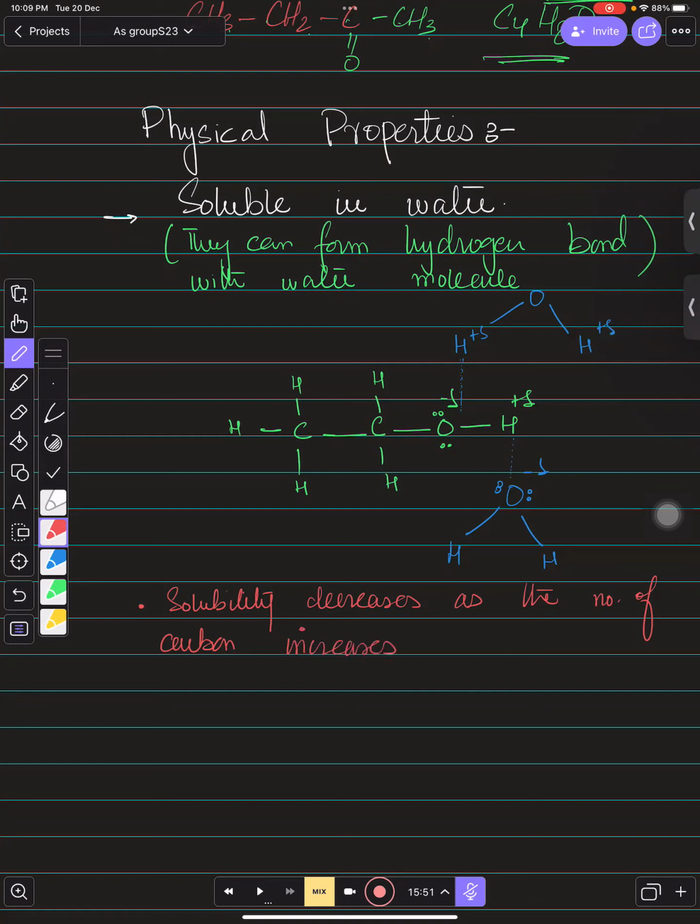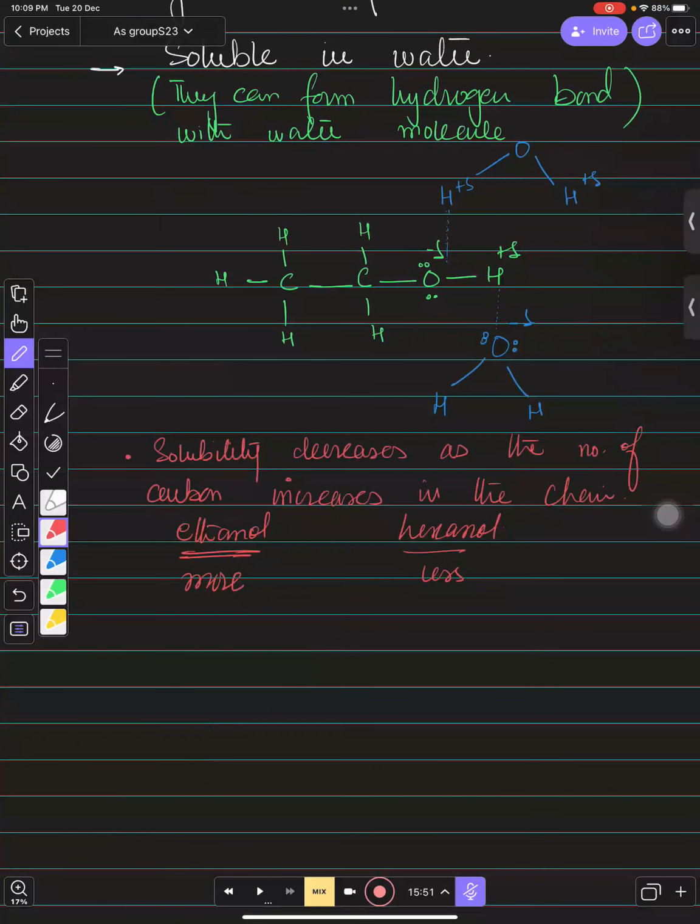When the number of carbons increases in the chain, the solubility in water decreases. For example, if I ask you which one is more soluble in water, ethanol or hexanol, you can say that ethanol is more soluble in water and hexanol is less soluble in water, right, kids?